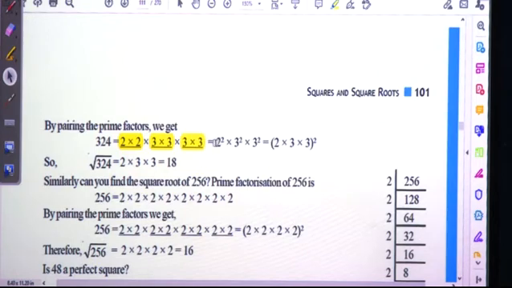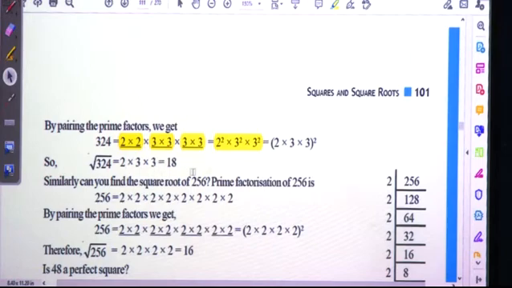It is 2 square into 3 square into 3 square, in other words it is 2 into 3 into 3, on a whole square. 3 2s are 6, 6 3s are 18, means it is 18 square. Therefore, square root of 324 is equal to 2 into 3 into 3, it is 18.